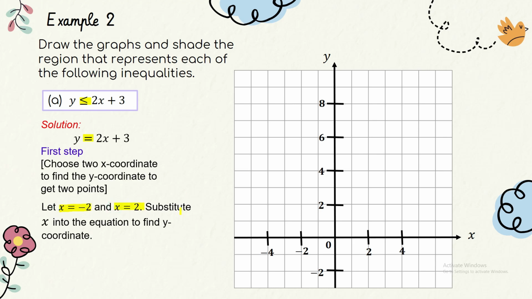And then I substitute these x coordinates into this equation to find the y coordinates, and I build a table like this. For negative 2, I insert it into this equation and solve it. Then I get the y coordinate, negative 1. And the same goes for the second coordinate.